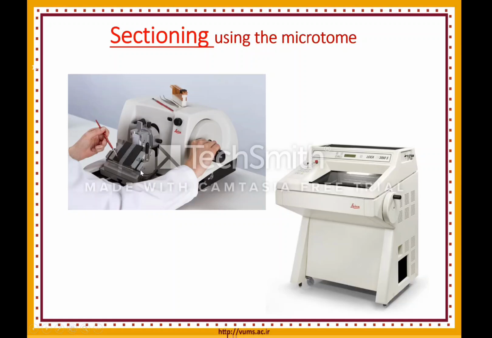This is a microtome that has one place for putting the specimen that is embedded in the paraffin. This is a handle that we turn, and in each turn the tissue passes the knife one time and is cut in microns.